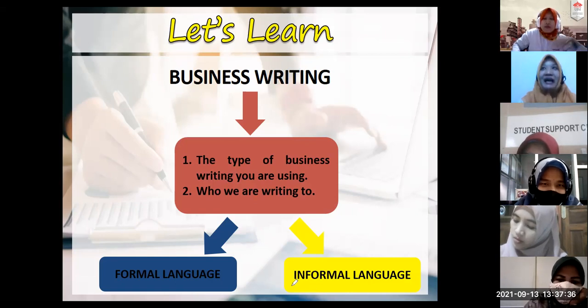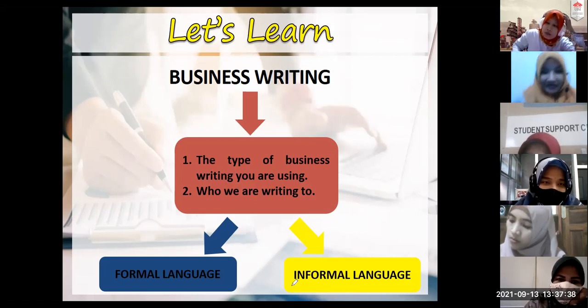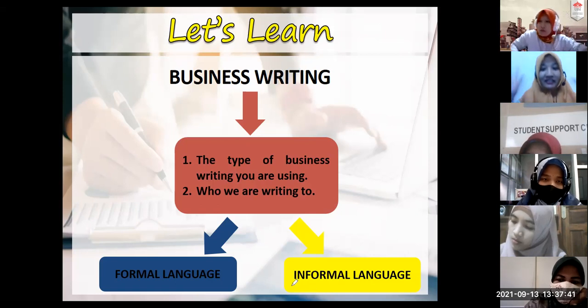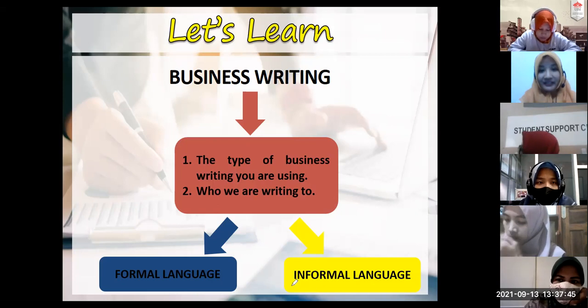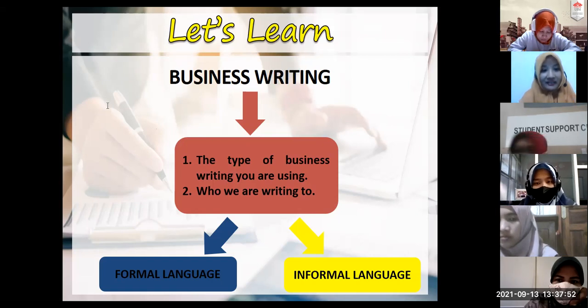In what kind of situation do you use formal language, Ms. Tita, to the students? So the context here, the sender is all of you here, but the receivers are the students. So when do you use formal language to the students?